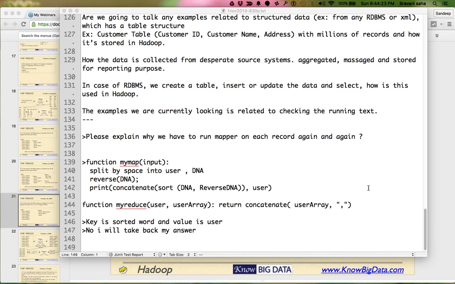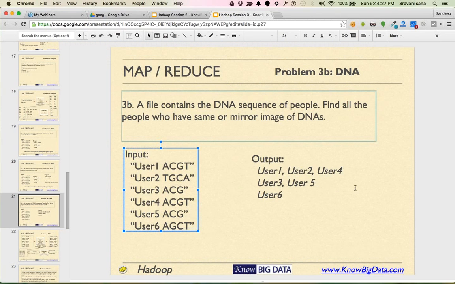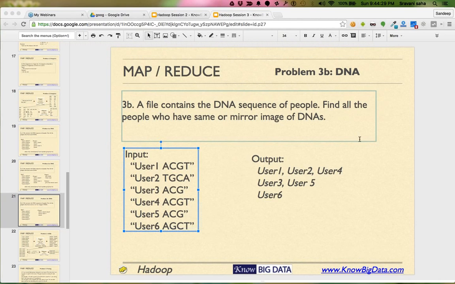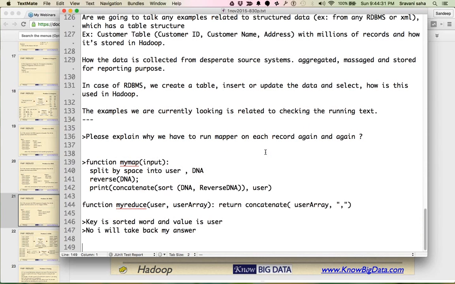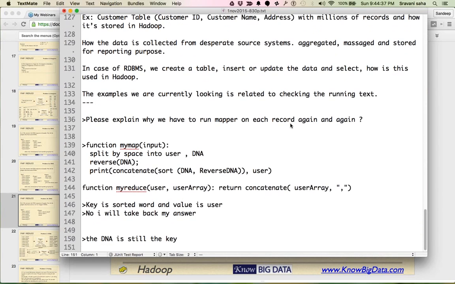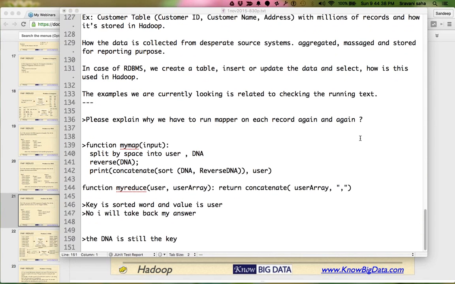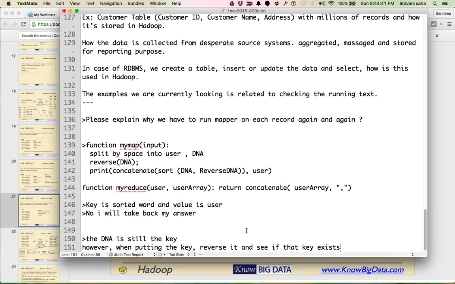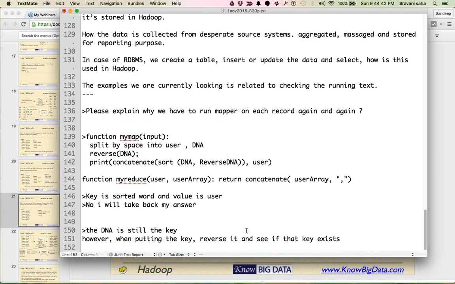All right. Ravi is saying the DNA is still the key. However, when putting the key, reverse it and see if that key exists. Now, when we say see if the key exists, we don't have access to it.